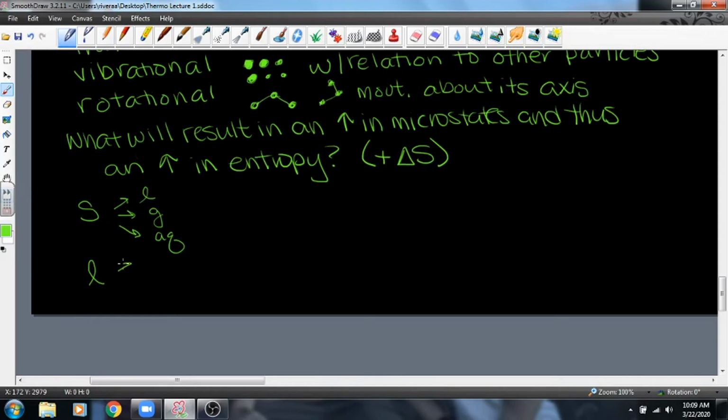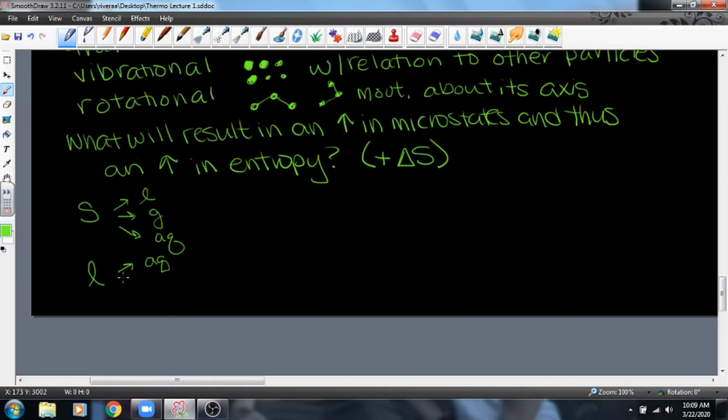Mixing a liquid with another liquid to become an aqueous solution, or a liquid becoming a gas, will also increase entropy. The other direction would not, like a gas becoming a liquid or a liquid becoming a solid. Those would be more ordered, and the reverse direction is less ordered or more messy.